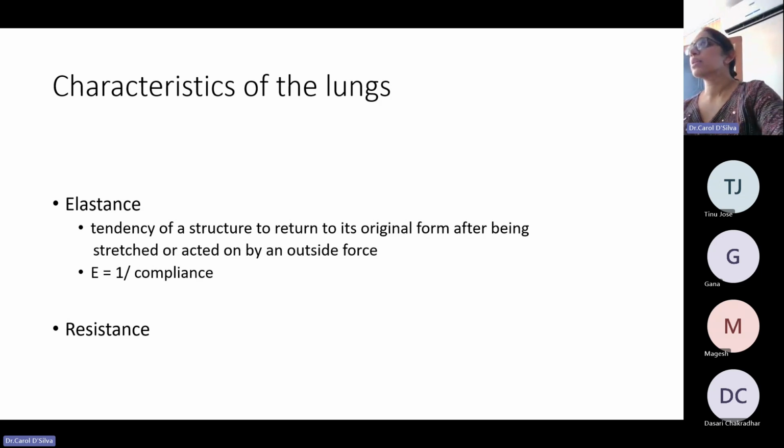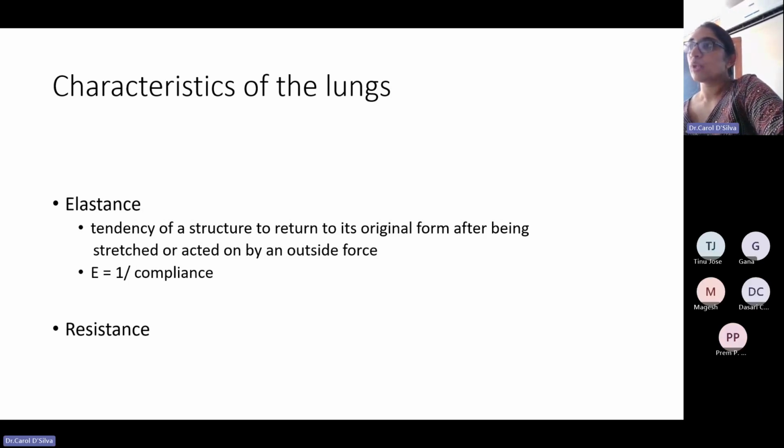Now I'll give you the example of a tennis ball and a hard cricket ball. You all have used both to play cricket, the hard cricket ball and the tennis ball. Which is more compliant? And the hard cricket ball, the normal cricket ball? Think. Okay, golf ball.